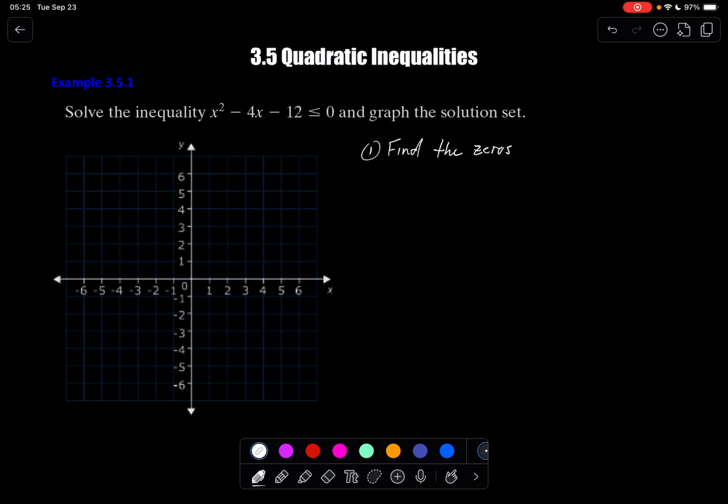And we can do this using factoring or quadratic formula or even our calculator. So I'll do this here by factoring, but you could also use your calculator, right? This is an easy enough example. It's easily factored, so we can just find the zeros.